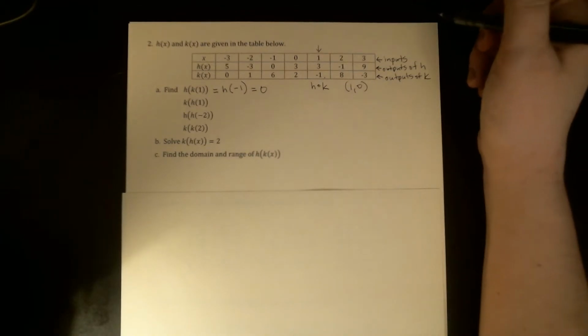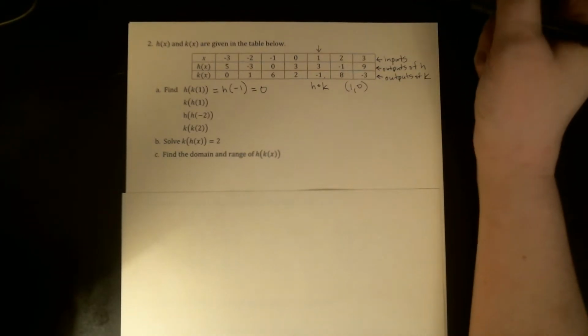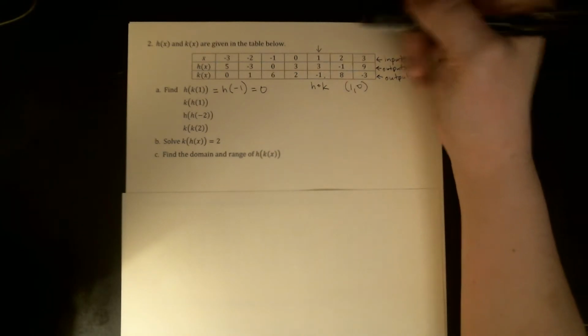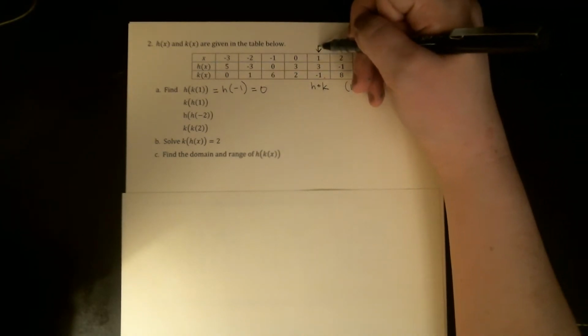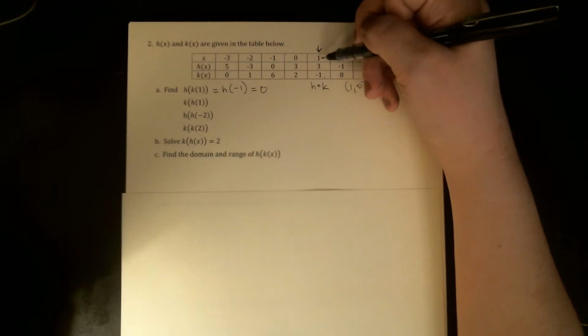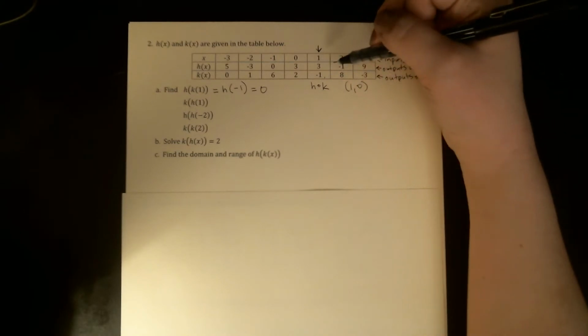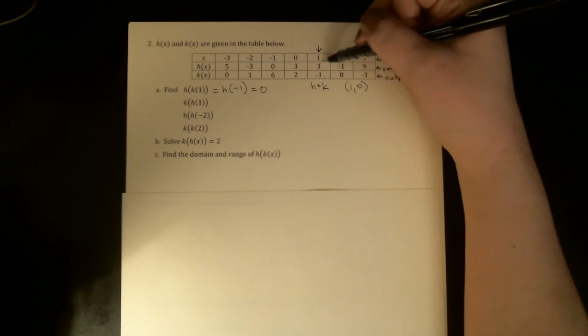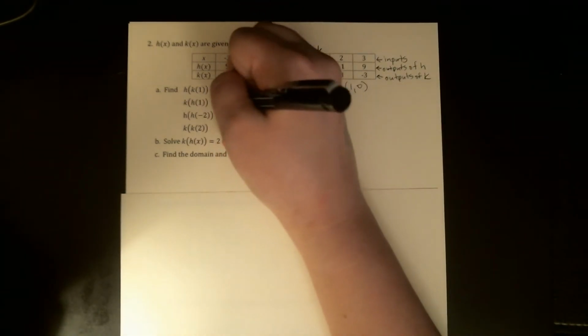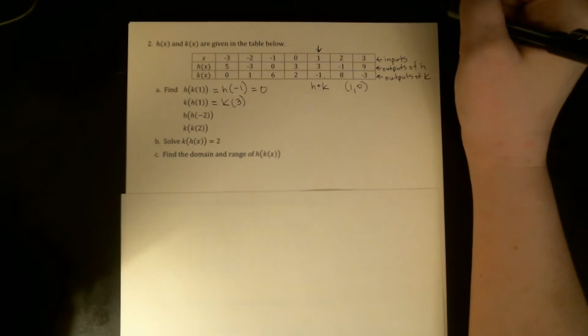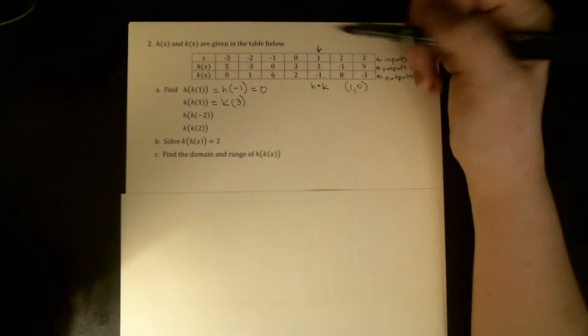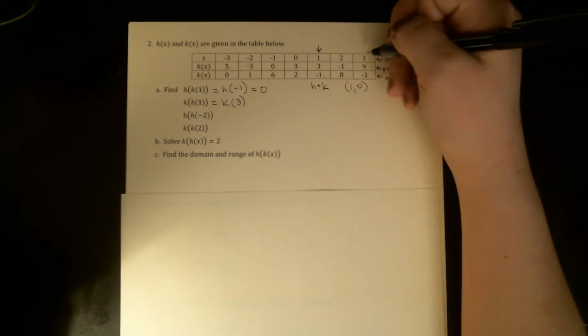All right, we can switch it up. We could also do k of h of 1. So we're still starting with an input 1, so I start in the exact same column, but I'm plugging into h first. So I'm going to go to the h row, and I find my output is 3. So h of 1 is 3. I'm going to replace it with 3. And then this is telling me to take the 3 and plug it in. So I look for 3.